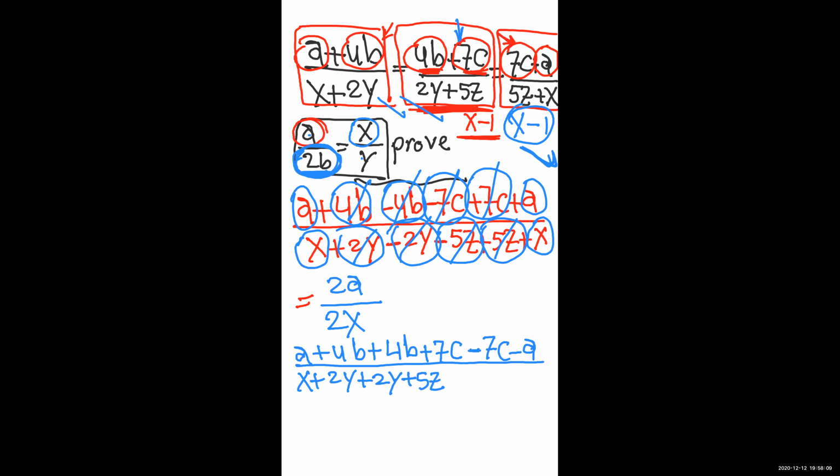Then don't forget, we multiplied the last one by -1 this time. So negative 5z minus x.